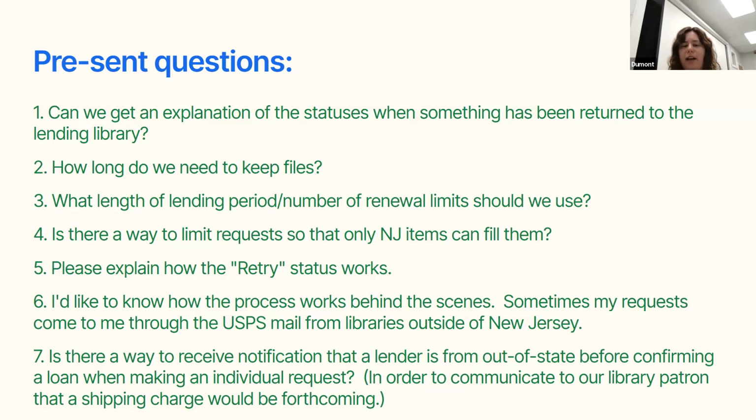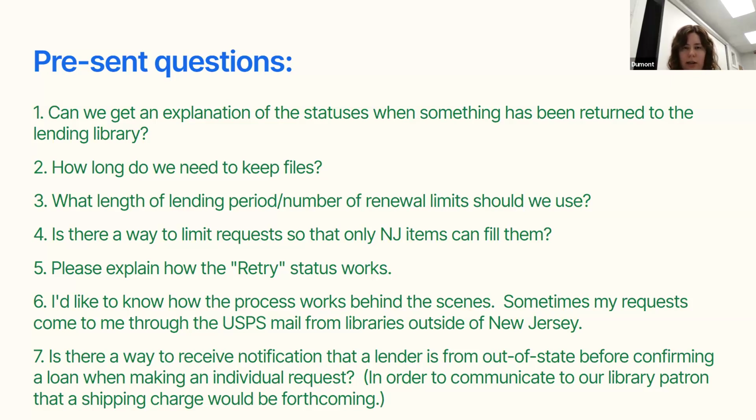But if it's an item that you submitted through JerseyCat, so basically a library in New Jersey does own it, and let's say that library is choosing not to send it to you, it would get bumped out of state if you did not put in your borrower notes that you want to keep it in state. There is unfortunately no way to be notified that that has happened, and there's no way for you to really know that it is being sent to another library and to find out where that library is.